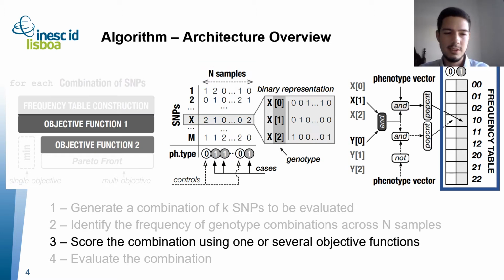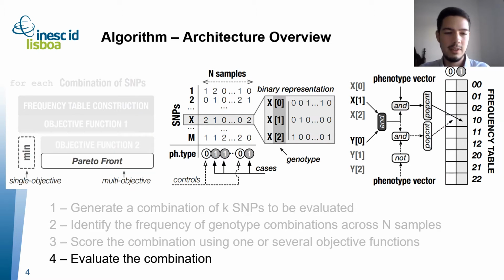The objective functions use this frequency table to obtain a numeric score for each combination, which will be used to evaluate the combination either in single objective optimization, where the minimum of each objective function is used, or multi-objective, where all the solutions must fit inside the Pareto front to minimize both the objective functions being used.